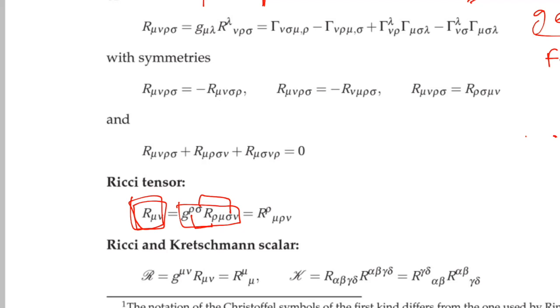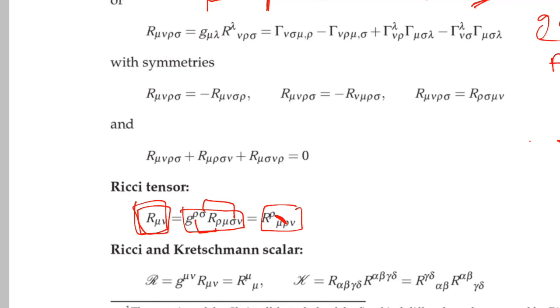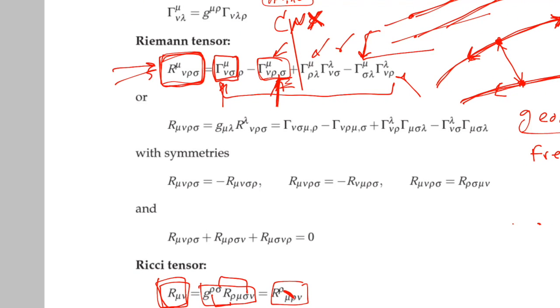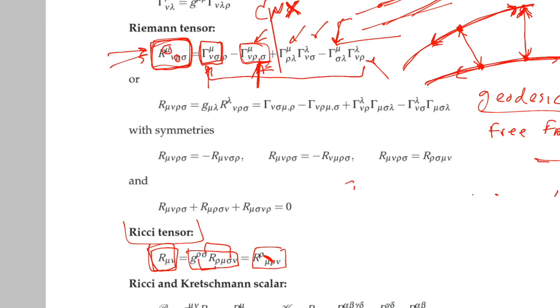Yeah, it's a contraction and a raise is what it is. And you ultimately end up with one contraction right here. So you're basically taking this, and you're contracting mu with rho. When you do that, you end up with something called the Ricci tensor.